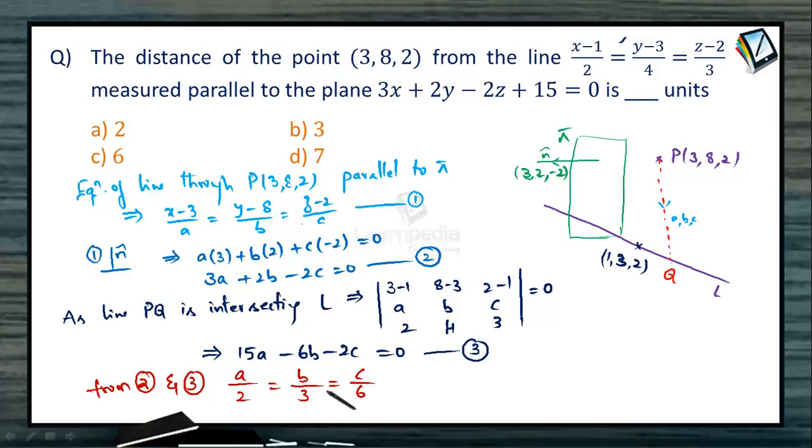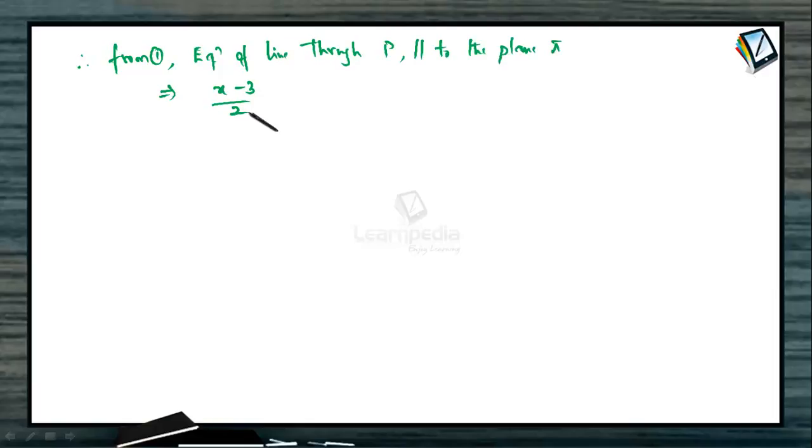So once we have the proportionate values of a, b, c, can we complete the line equation 1, which is passing through P and parallel to the given plane? Therefore, from equation 1, the equation of the line through P parallel to the plane π will be in the form (x − 3)/2 = (y − 8)/3 = (z − 2)/6.